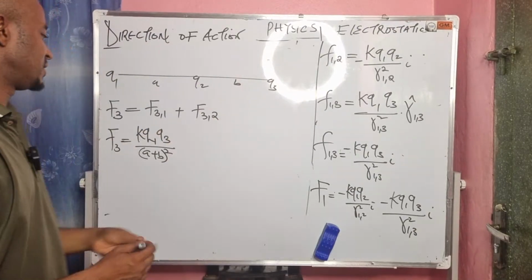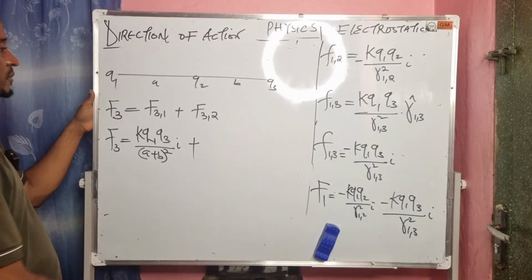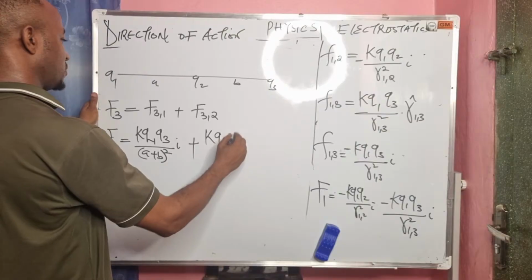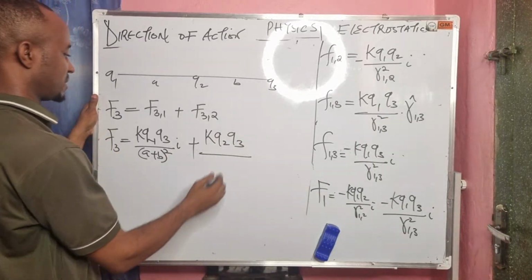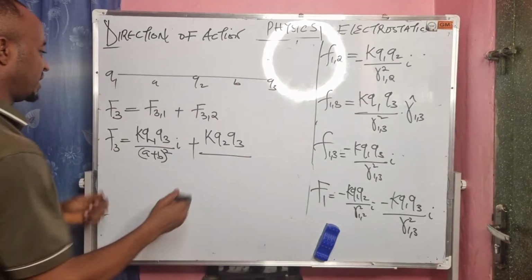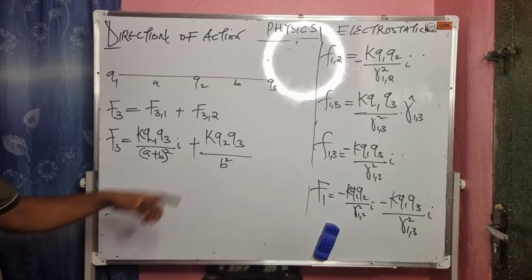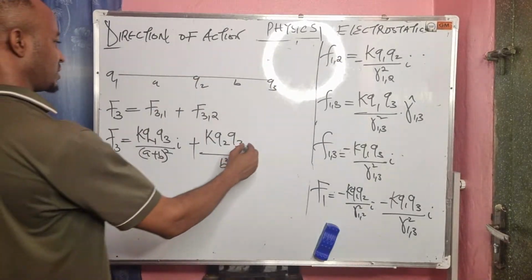1 to 3 is positive I, good. Plus F23, which gives KQ2 Q3, between charge 3 and charge 2, divided by the distance between charge 3 and 2, which is B, so B squared. The direction of action will be from 2 to 3, still towards positive.